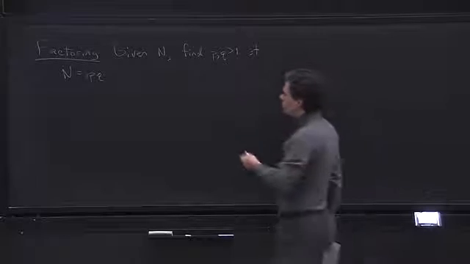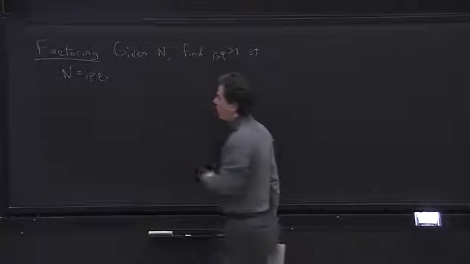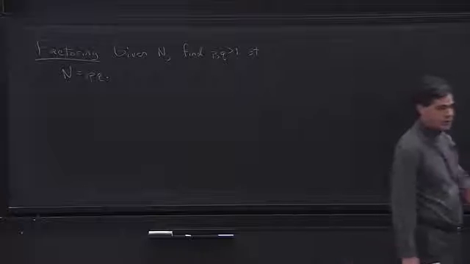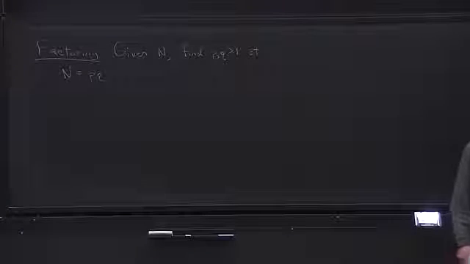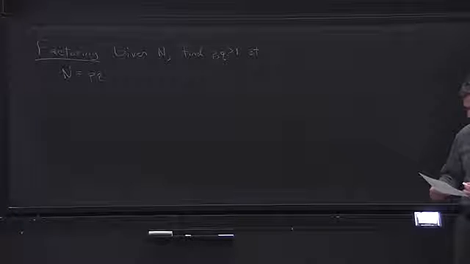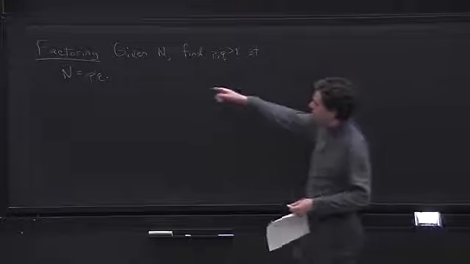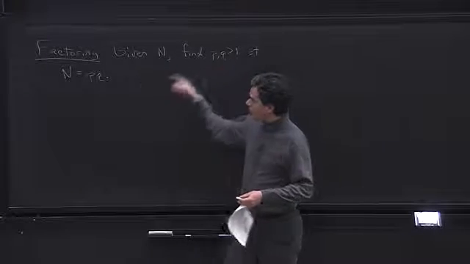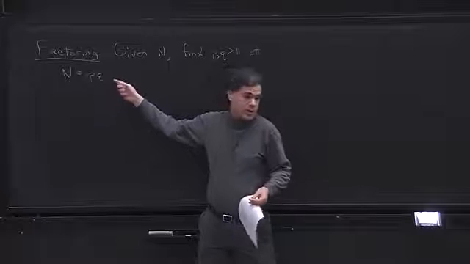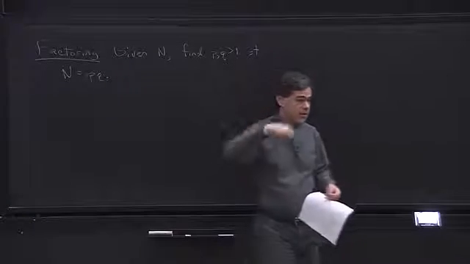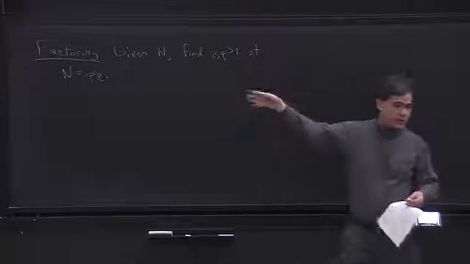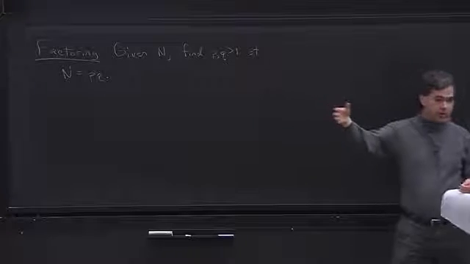Normally what we're really interested in is finding the prime factors of n, and frequently this is done in the case where n is the product of two prime numbers. But that's not really essential. If you can solve this problem with p and q potentially composite, then you can iterate and factor p and q as well until you get to the prime factors.